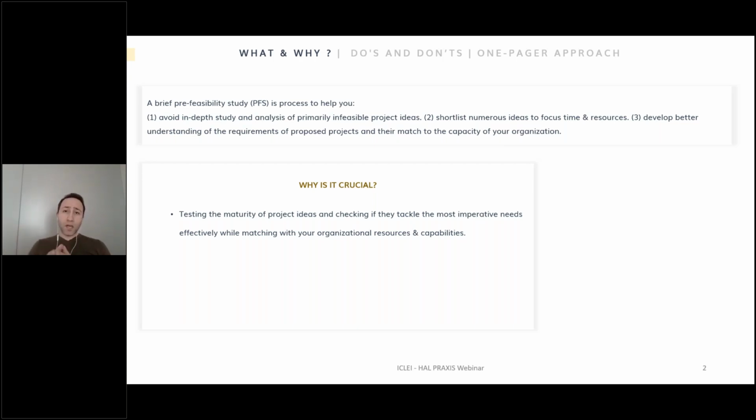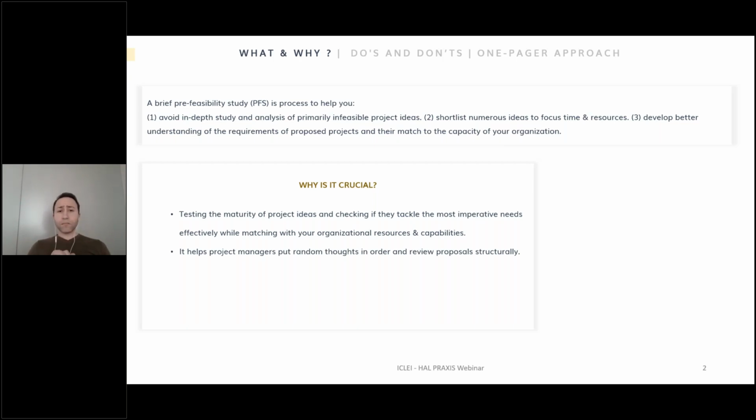Because some things, money can buy. If you don't have the proper legal framework in your country, or the proper know-how in your organization, you might not be able to do a certain project, even if you have some funds.